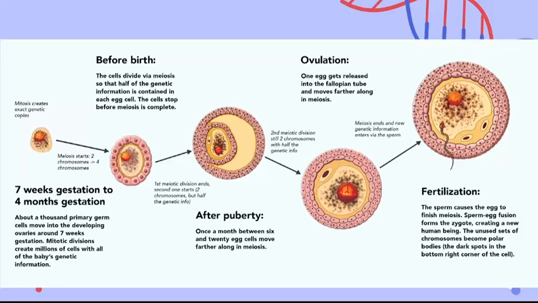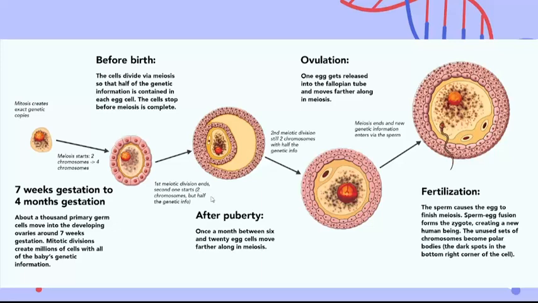We develop all of this and put your genetic information in there, if you're female. So this is all before birth. The cell would divide via meiosis, so that half of the genetic information is contained in each egg cell. 23, remember? So the first meiosis division ends, and the second one will start. 23 chromosomes, but half the genetic information.